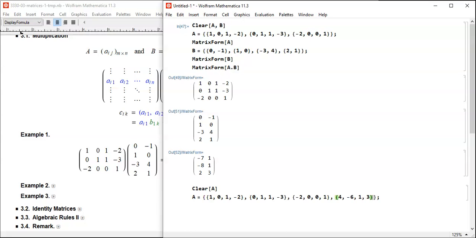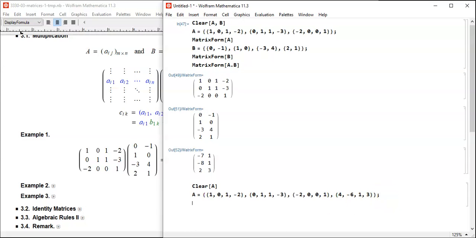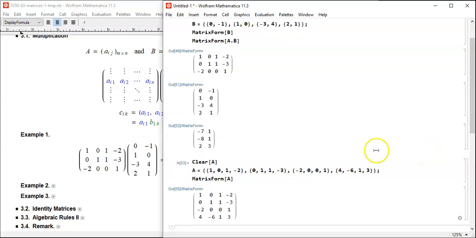Okay, all right. And then show me the matrix form. Okay, now I have a square matrix. It's a 4 by 4 matrix. So same as the matrix that we started off with, but I inserted one more row down here and made it into a square matrix.